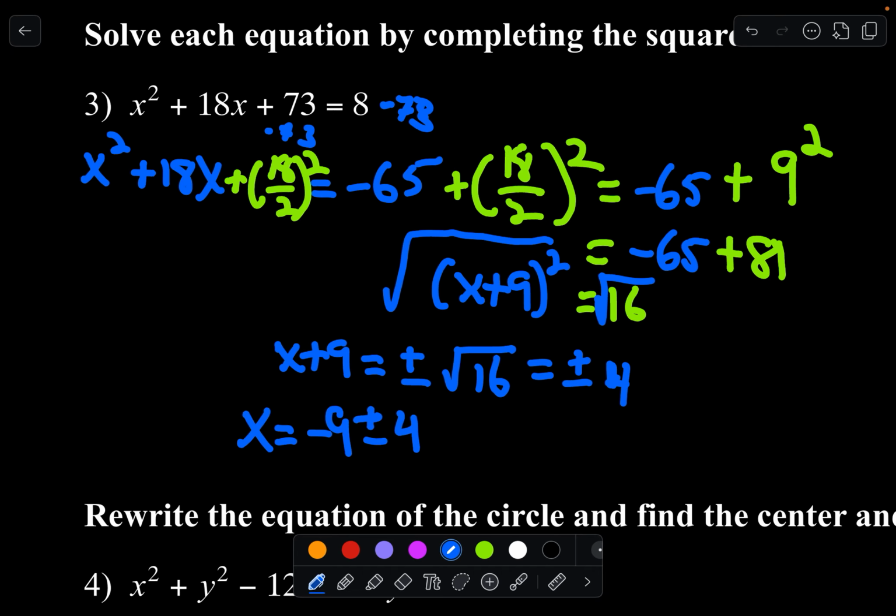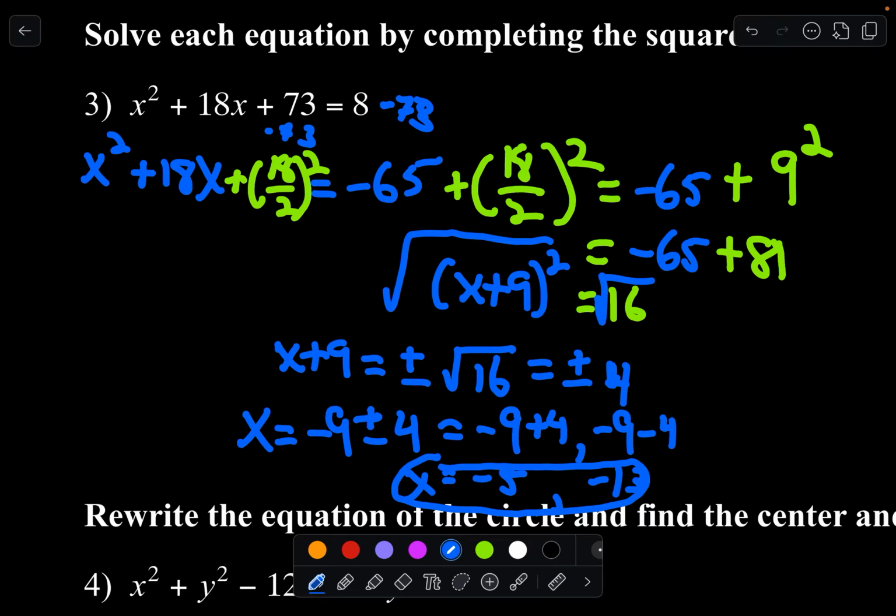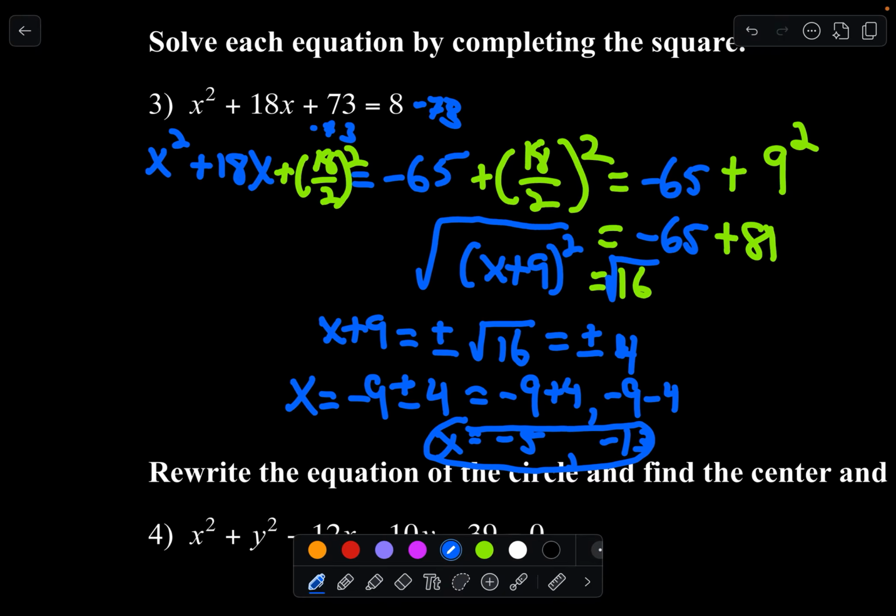It's negative 9 plus or minus 4, which gives us two solutions: negative 9 plus 4, which is negative 5, and also negative 9 minus 4, which is negative 13. So negative 5 and negative 13 are the two answers to equation number 3, and we solved it by completing the square.